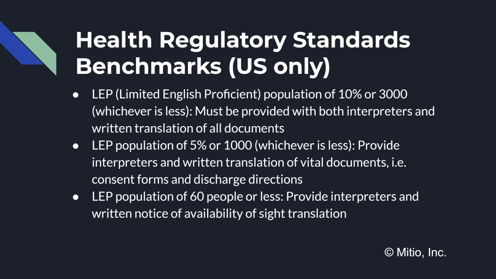Now, this is all about LEPs, or those that don't speak the local language, but if it's sign language, they go by the ADA benchmarks, and any deaf or hard of hearing individual will be provided with an interpreter at all times that are needed. That is the benchmark. So let's move on.